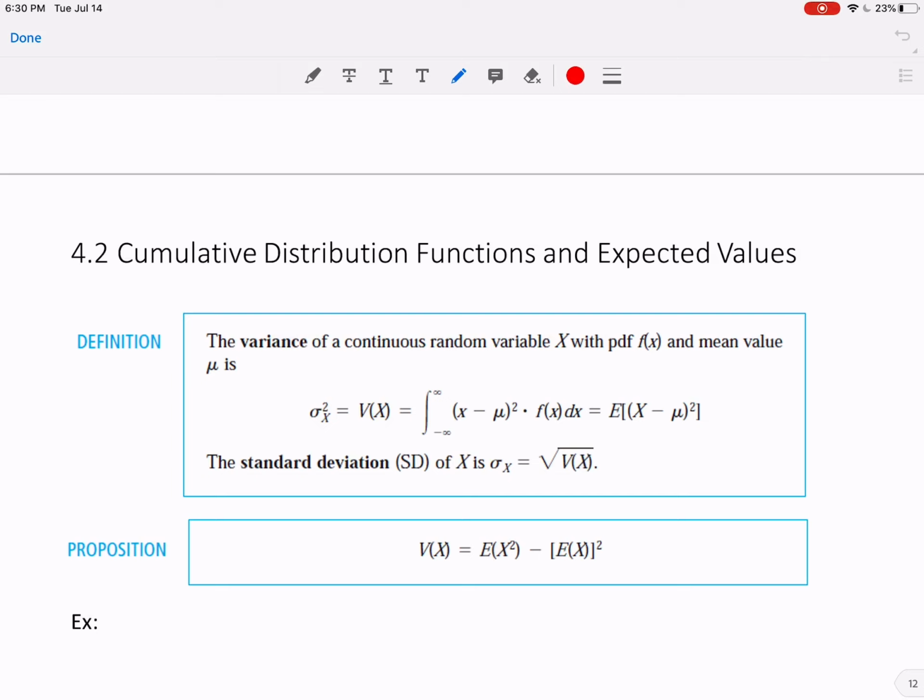So the variance of a continuous random variable x with PDF f of x and mean value mu is sigma squared, which is equal to V of x, the integration from negative infinity to positive infinity of (x minus mu) squared times f of x, which is equal to E of (x minus mu) squared.